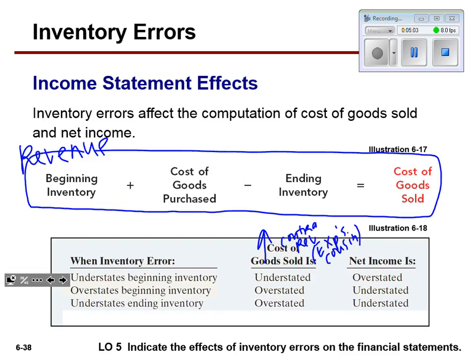Finally, talking about ending inventory. If we understate the ending inventory, we'll see an overstated cost of goods sold again, and then an understated net income.